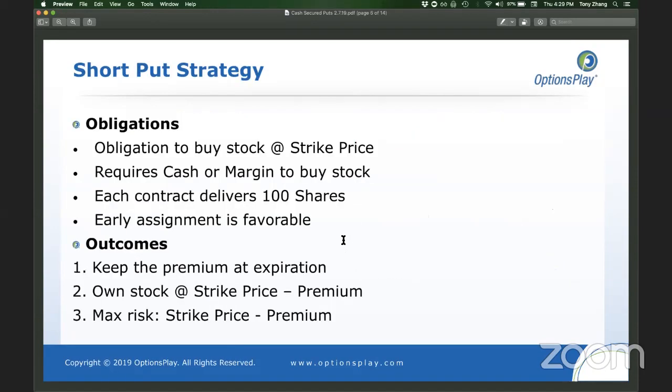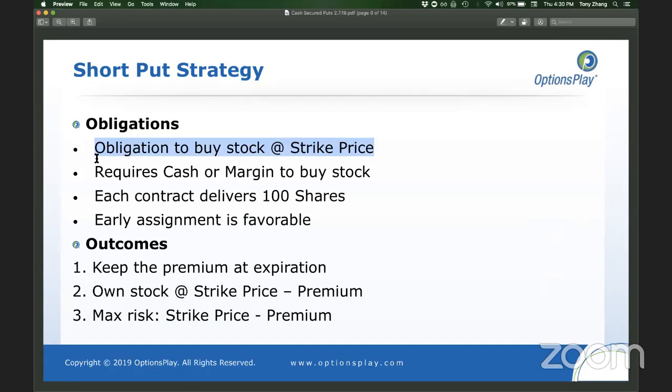So moving on. Now that we talked about the short put strategy, what are the obligations and what are the outcomes? Because so far what I've painted is a fairly favorable picture for shorting puts. So I want to make sure we all understand what your obligation is when you short a put. Number one, when you short a put, you have an obligation to buy the stock at the strike price, which means that if this is not a stock that you want to own, if Apple stock is not a stock that you want to purchase at 160, you probably should not be selling that put.